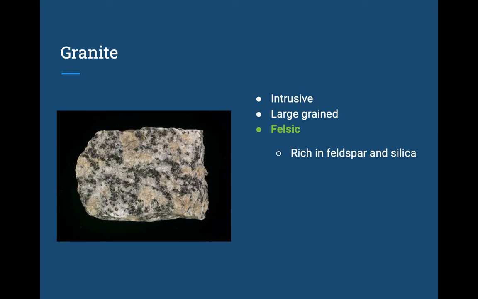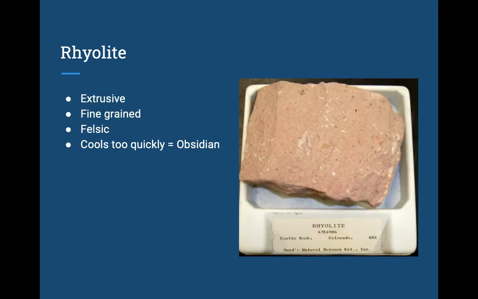While there's some dark things in here, if you go out into the Sierra and look at all that granite, it's a light gray to white that most of this stuff looks like, right? So it's lighter in color. Just know feldspar, rich in silica, lighter in color compared to the other type, mafic stuff that I'll talk about in a bit.